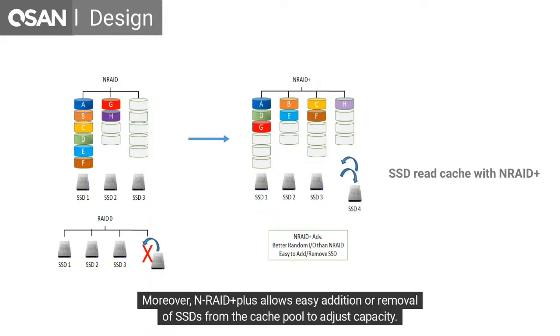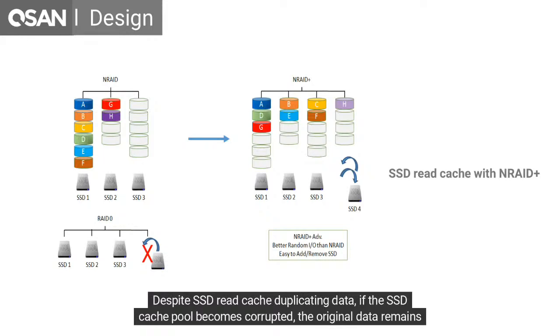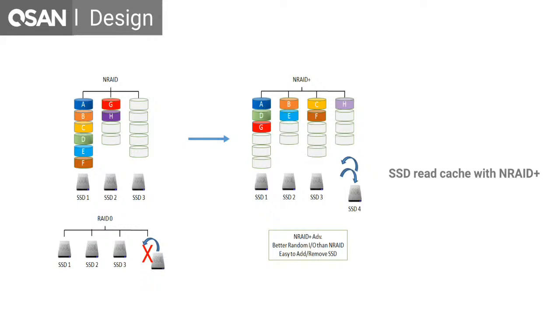Moreover, nRAID Plus allows easy addition or removal of SSDs from the cache pool to adjust capacity. Despite SSD read cache duplicating data, if the SSD cache pool becomes corrupted, the original data remains secure, but the SSD read cache functionality ceases.